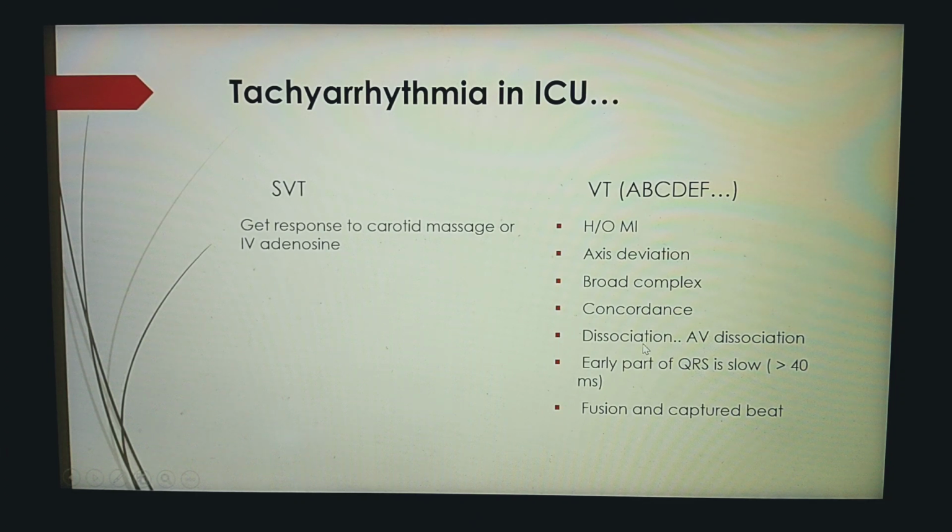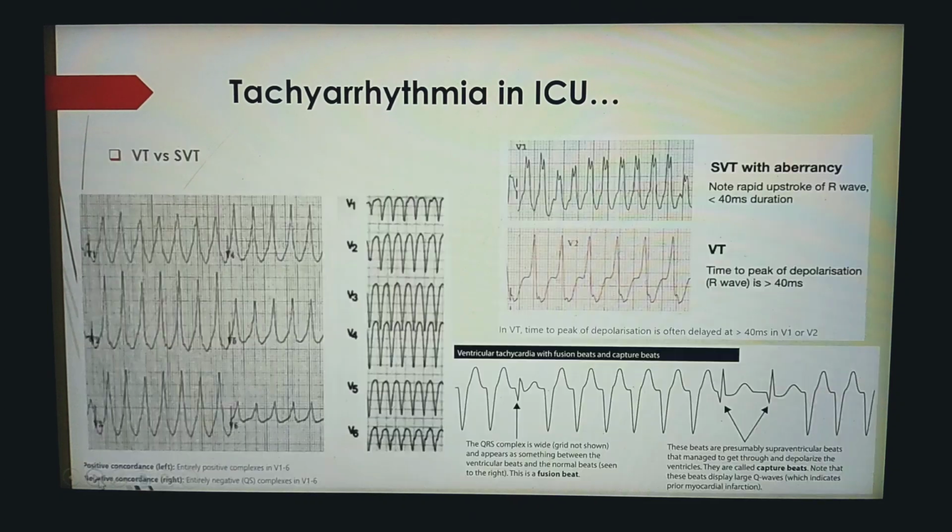Dissociation: there is no association between the P wave and QRS complex, that is called atrioventricular dissociation. The early part of the QRS complex is very slow. There may be fusion beats and capture beats. So A, B, C, D, E, F, all these points favor ventricular tachycardia over supraventricular tachycardia.